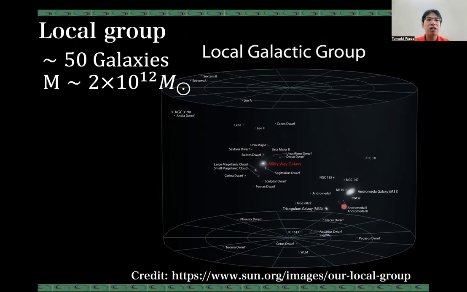This group is called local galactic group, and it is composed of about 50 galaxies.